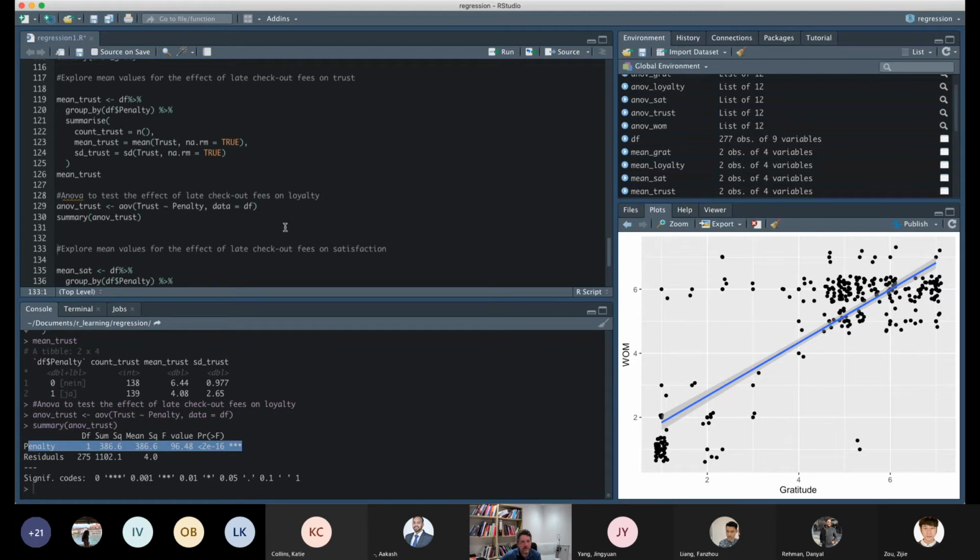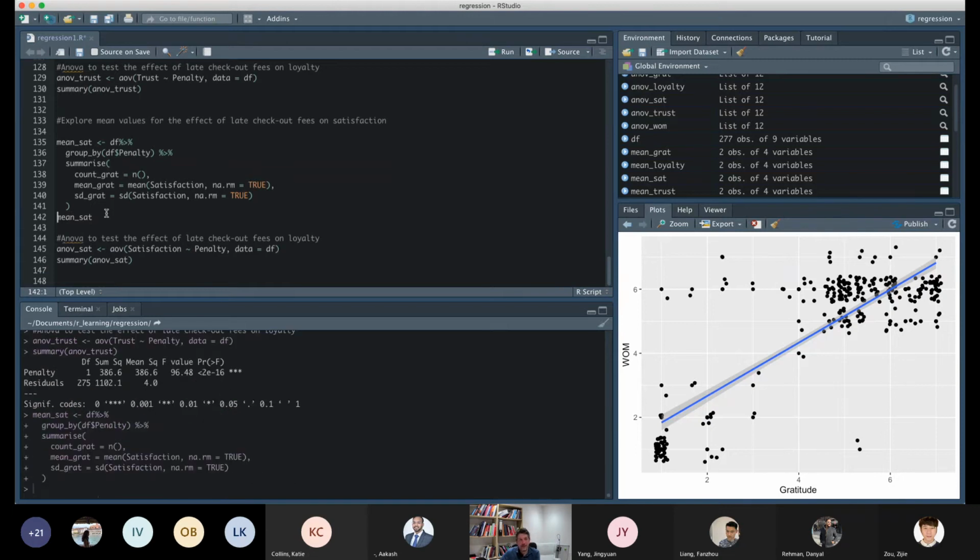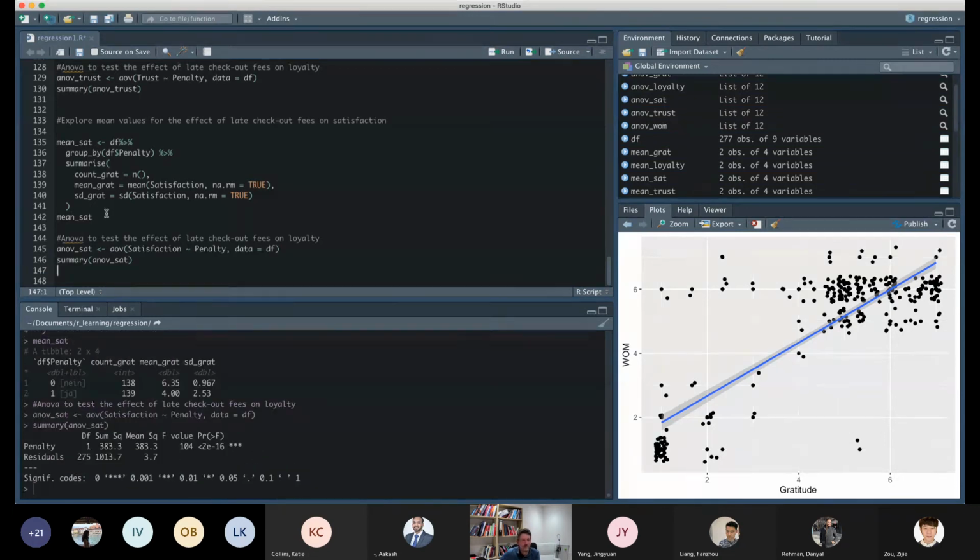And then finally, satisfaction. And we see the same. Obviously, satisfaction is negatively affected as well. Here again is the significant value, and we see it drops significantly from 6.35 on average to only 4.